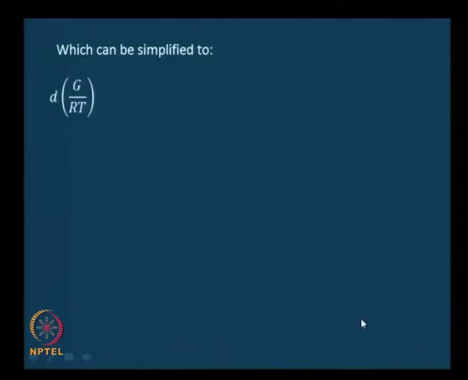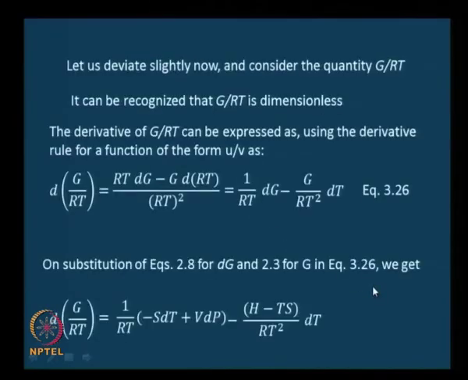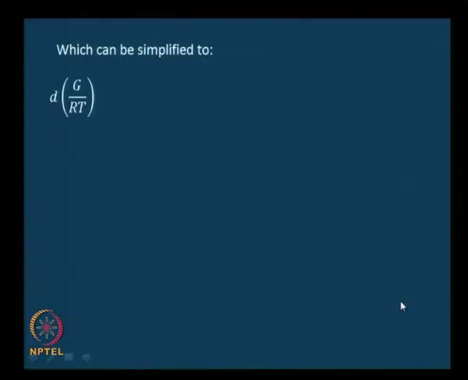This can be simplified to V by RT dP minus H by RT squared dT. Equation 327.